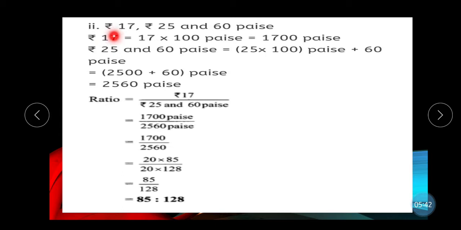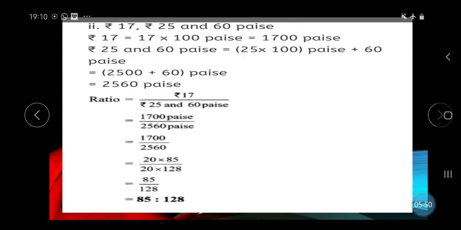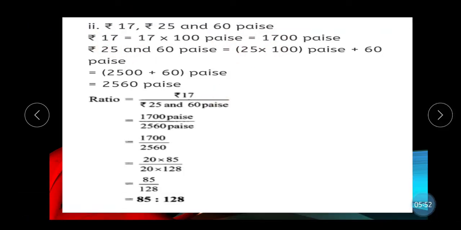Second one, rupees 17 and rupees 25 and 60 paise. As this one is in rupees and this one is in paise, we need to make them in same unit. So let's convert both in paise. Rupees 17 is equal to 17 into 100 paise is equal to 1700 paise.